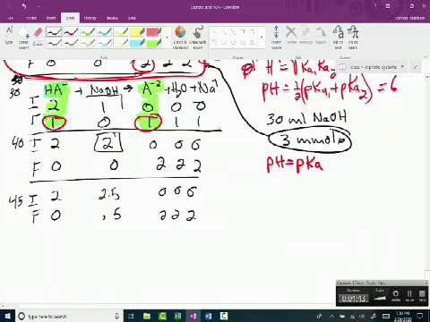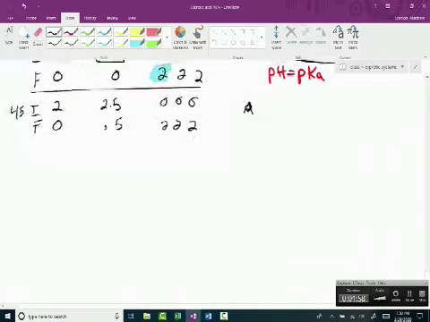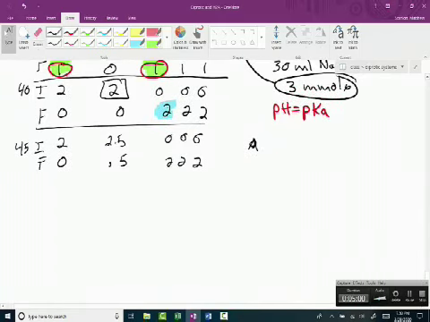For the 40 milliliters, this should be straightforward. All I have left is A minus 2. And so I do this thing: A minus 2 plus H2O gives me HA minus plus OH minus.